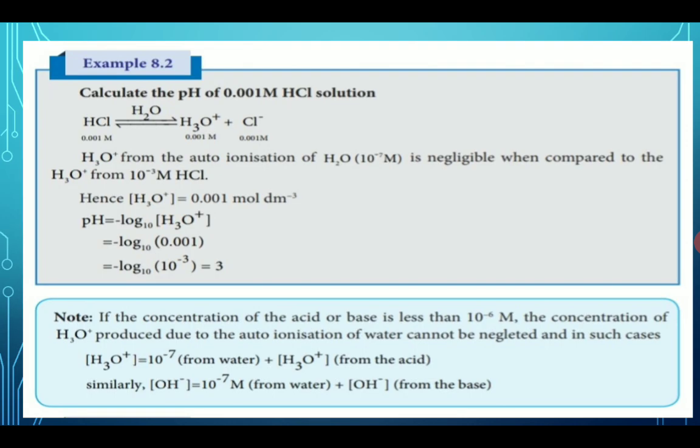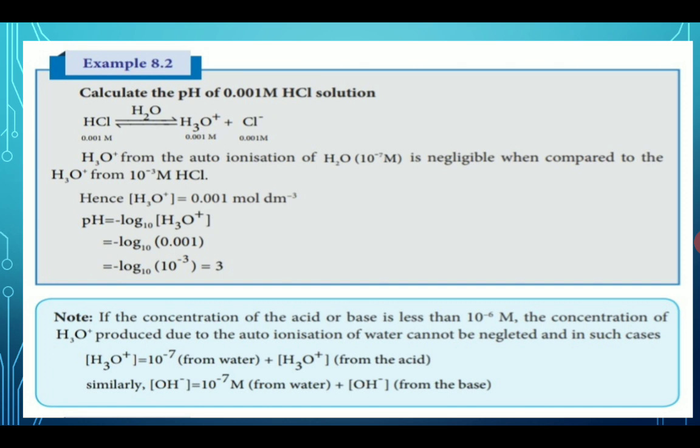One example is given. Calculate pH value of 0.001 M HCl solution. This can also be written as 1 by 1000 M HCl. Okay, the concentration. Equation is HCl gives H3O plus Cl minus in the presence of water molecule. It is an equilibrium reaction.